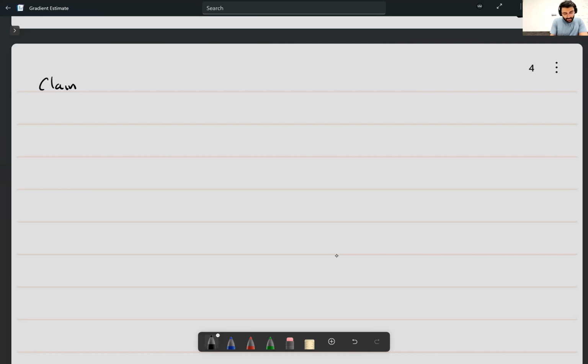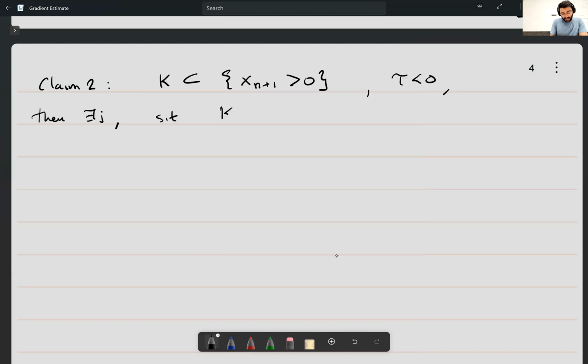Claim 2. So if you have a compact K in the upper half plane, and I have a tau less than 0, then there is some J such that K is in R^(n+1) minus this.